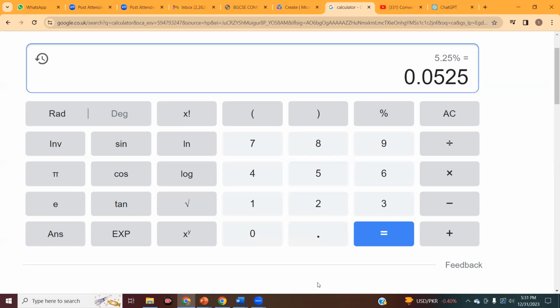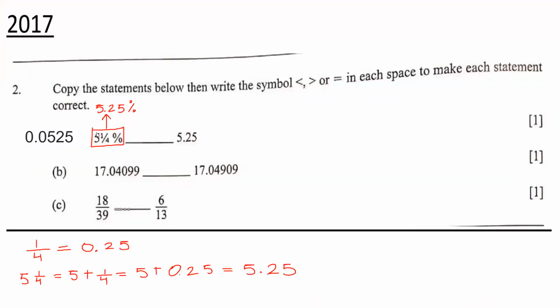Let's make a note of that on our next slide. So we know that 5.25% is equal to 0.0525. So 5 and 1 over 4% or 5.25% is equal to 0.0525.